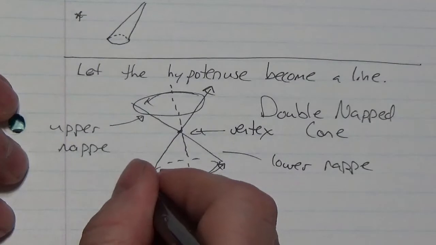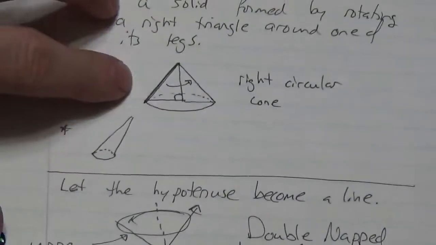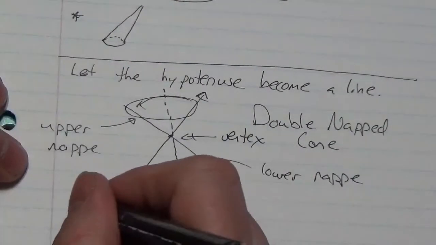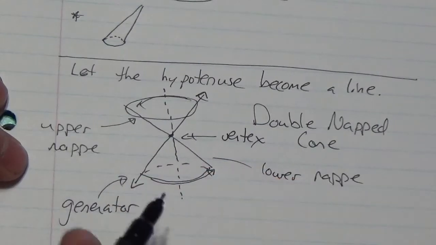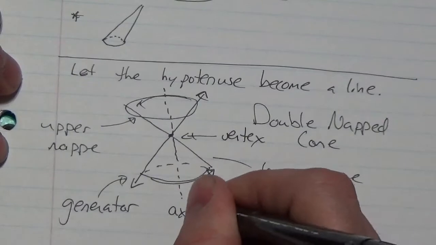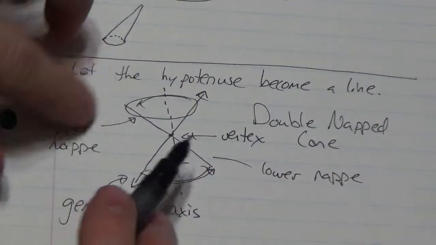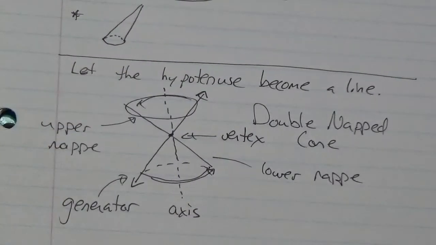We call that line that I'm comparing to the hypotenuse here, that little line segment, the generator. Because when I rotate the generator about the axis, which is a line that's going to go through the generator, it is generating the double napped cone.